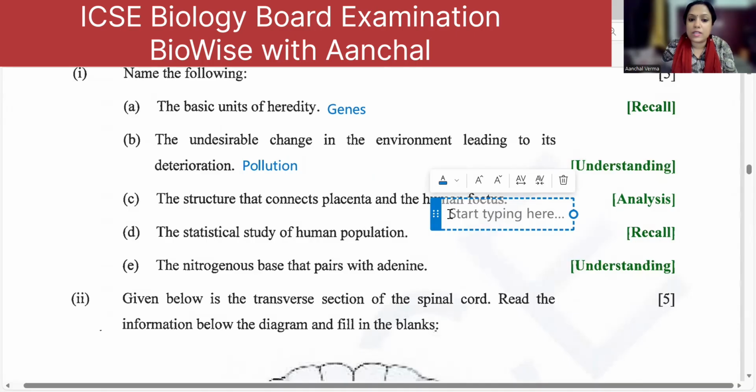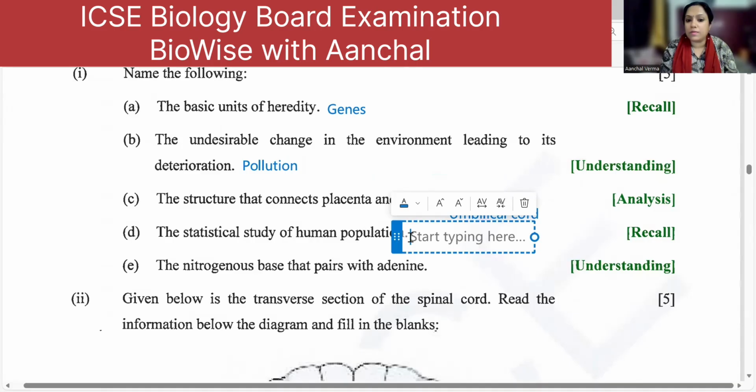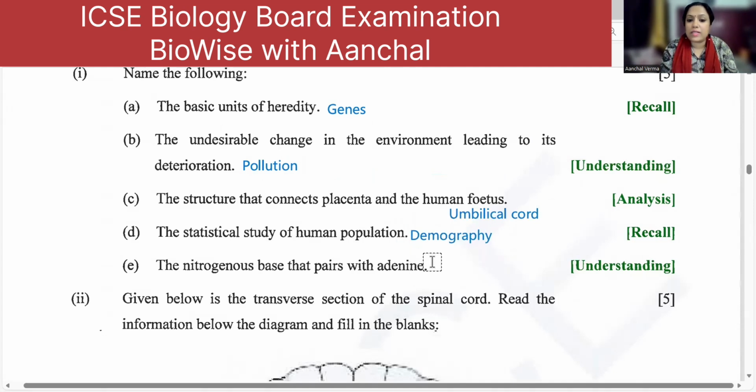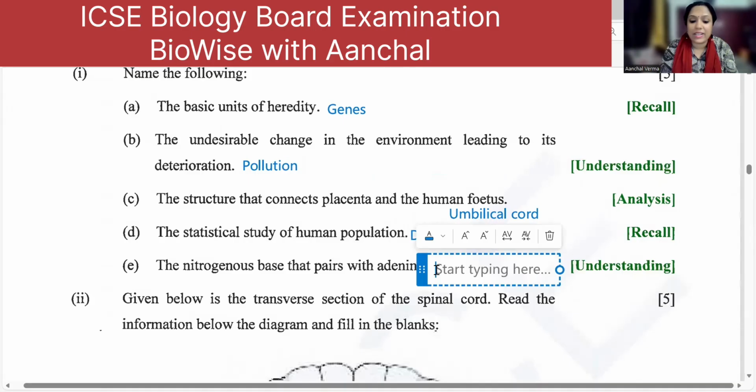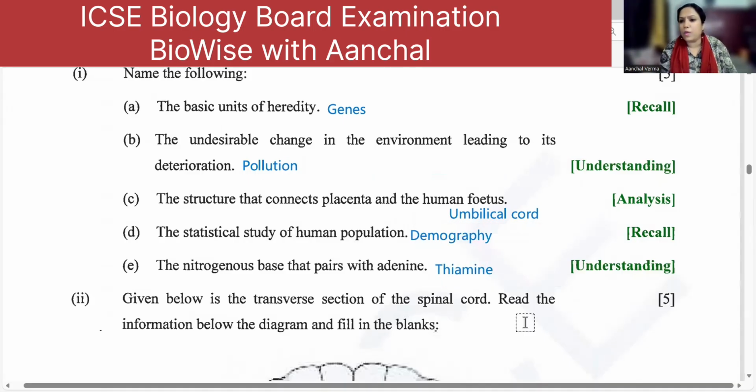It is the umbilical cord. The statistical study of human population, demography. The nitrogenous base that pairs with adenine is thymine. I hope you understood the answer. Correct. Moving to the next.